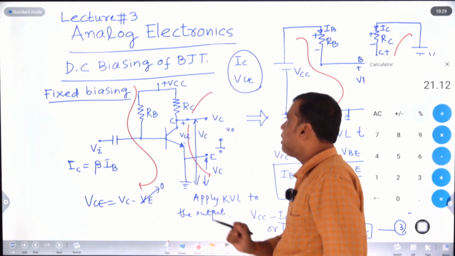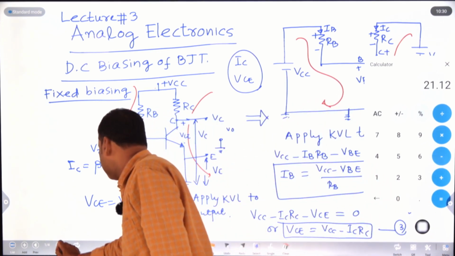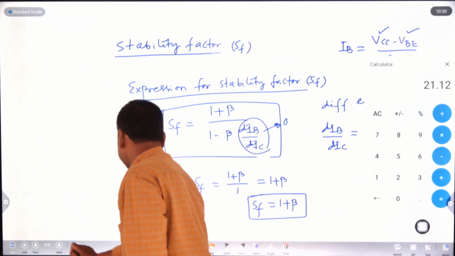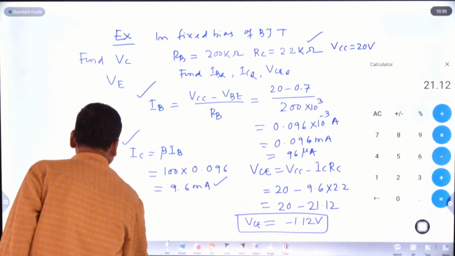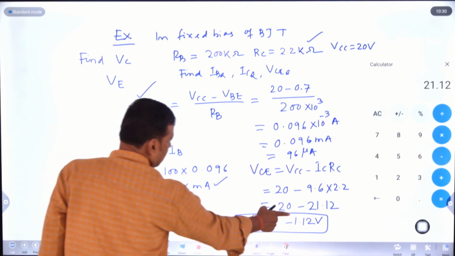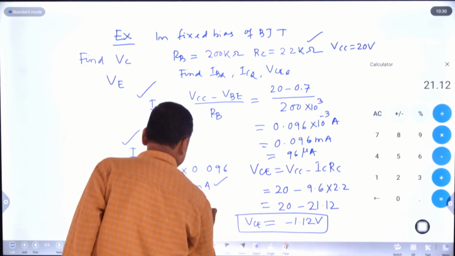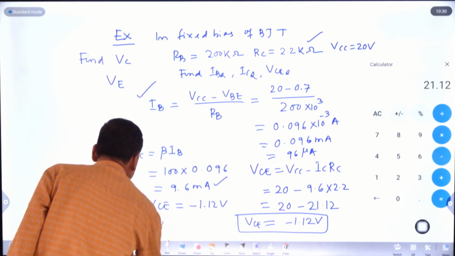So in the fixed biasing method, VC is nothing but VCE. VC equals minus 1.12, say minus 1.2 volt, and VE is 0.